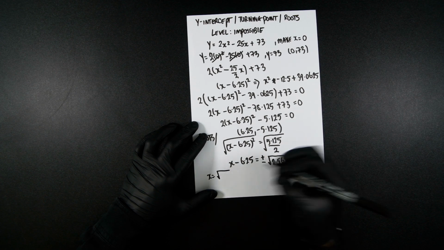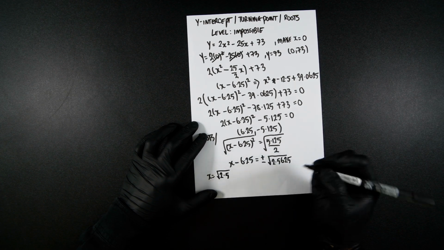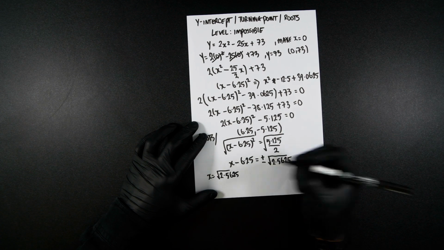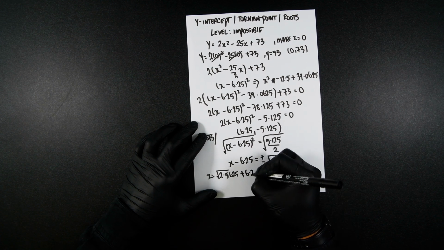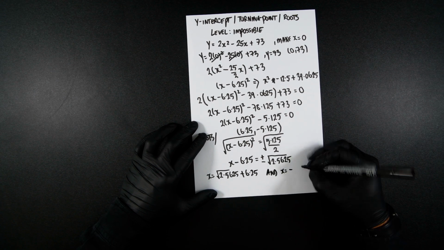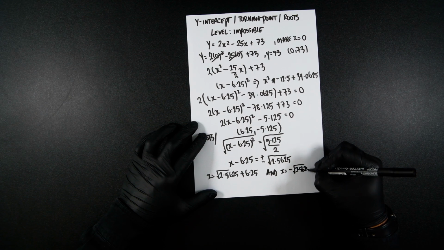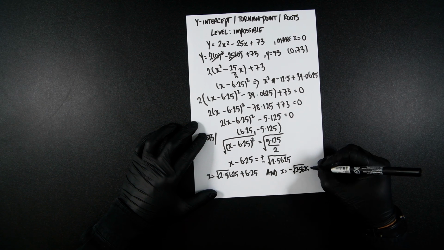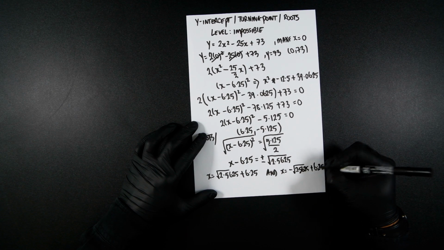positive root 2.5625 plus 6.25, and x equals minus root 2.5625 plus 6.25.